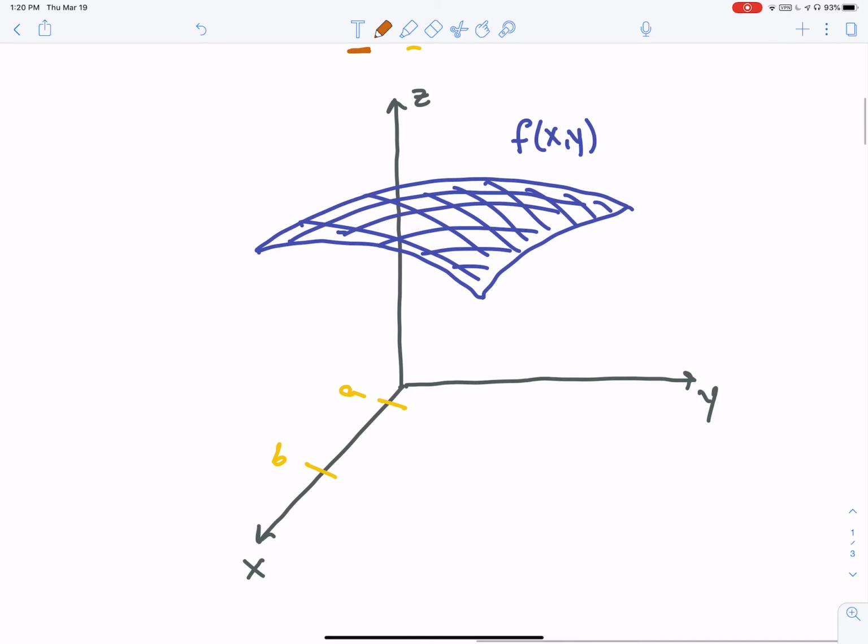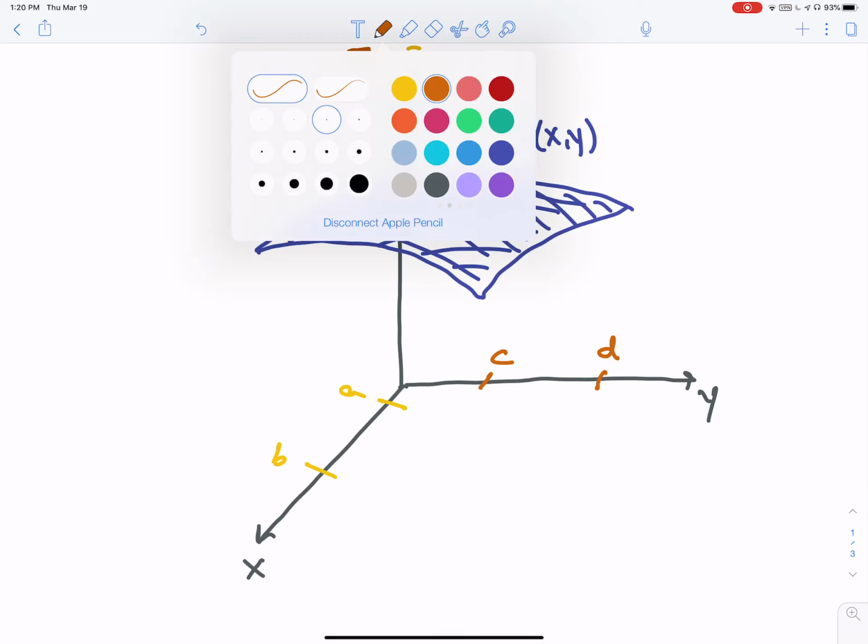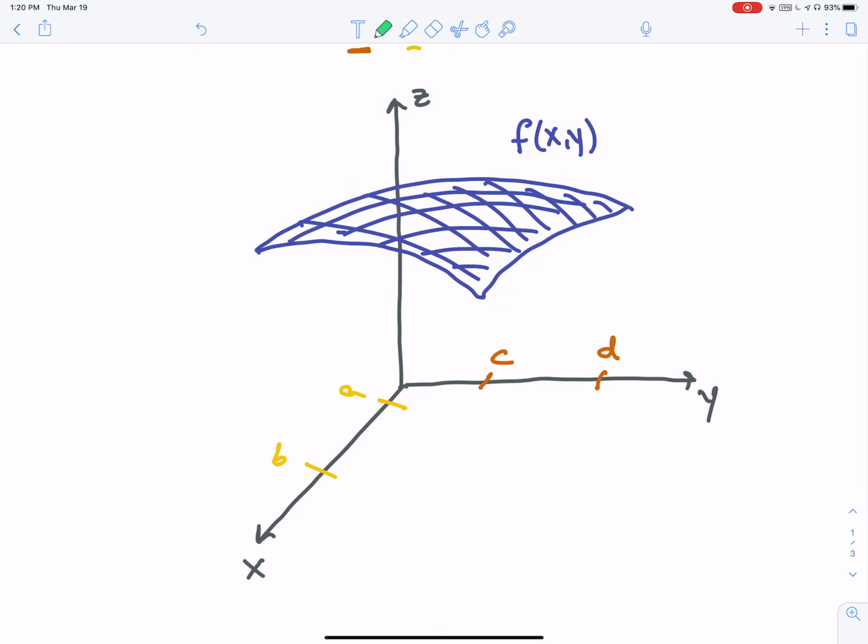Right, so in the y direction, we'll be going from c to d. And so the intersection of all these conditions actually traces out a really nice region of integration that in this case would look something like this. And in general, we call those R. Right? So this region that we're integrating is R.